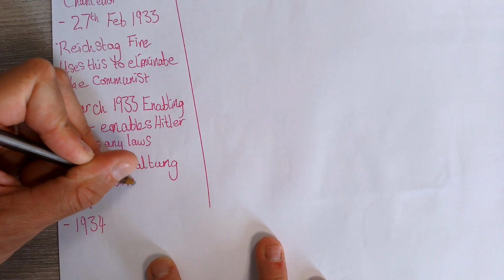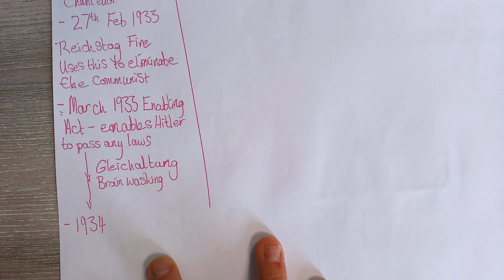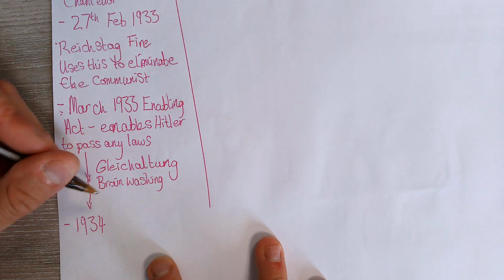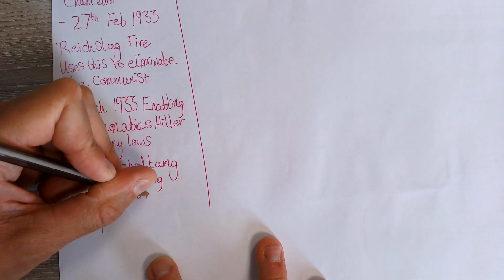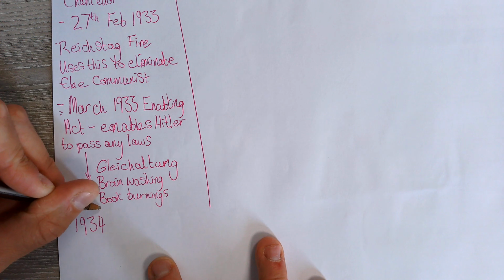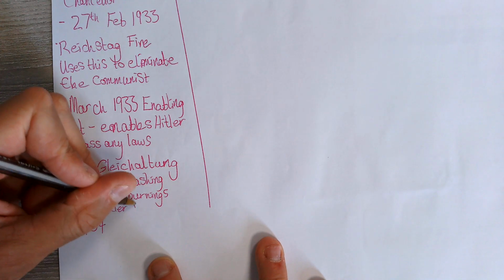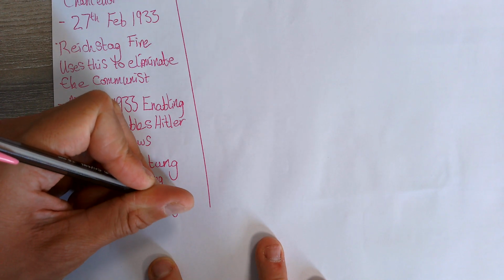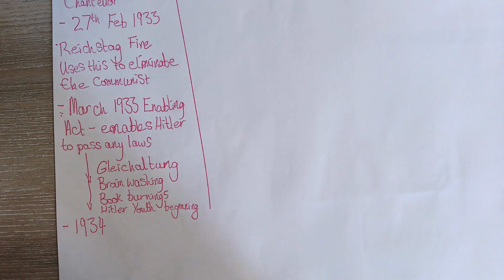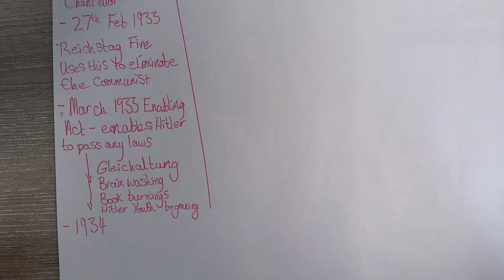So this is when the Nazis are starting to change the school curriculum. This is when the book burnings are happening. The Hitler Youth is in its infancy, it's beginning.